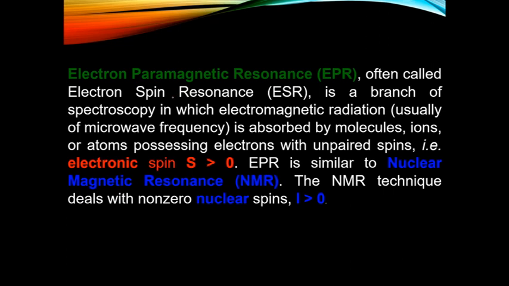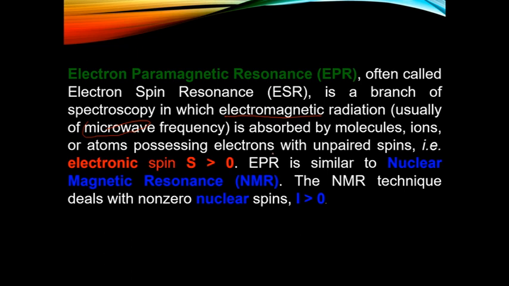Electron paramagnetic resonance, often called spin resonance, is a branch of spectroscopy in which electromagnetic radiation, usually in microwave frequency, is absorbed by the molecules having electrons with unpaired spins.